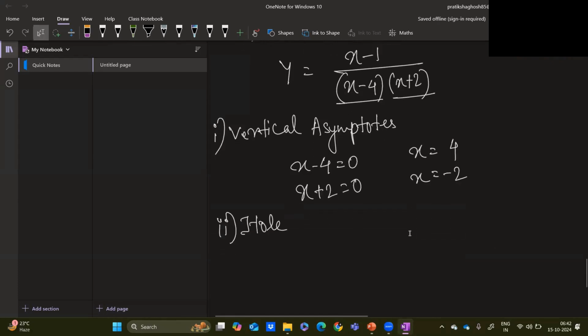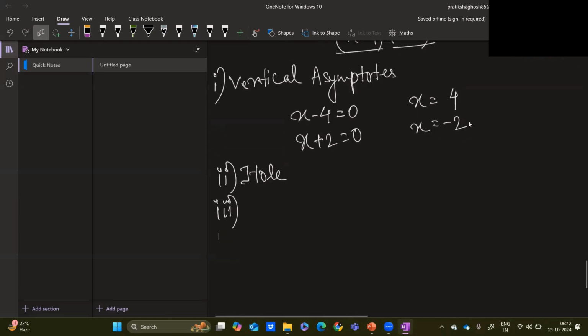What about question number 3? That is horizontal asymptotes. What are the rules for horizontal asymptotes? Can you remember? Don't you divide the highest and the lowest power? Yes, but no need to divide it. For horizontal asymptotes, there are cases, right?